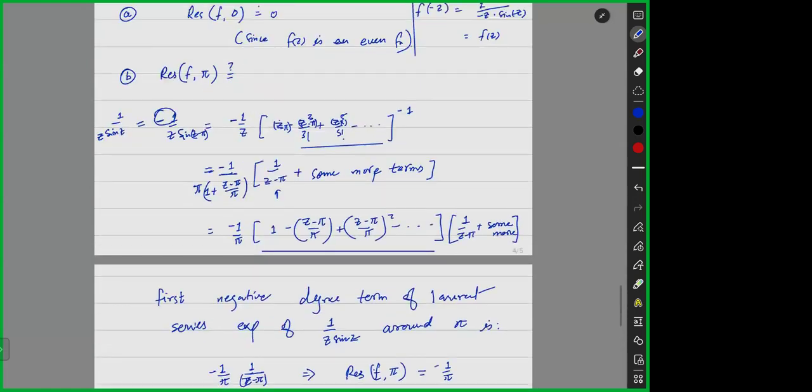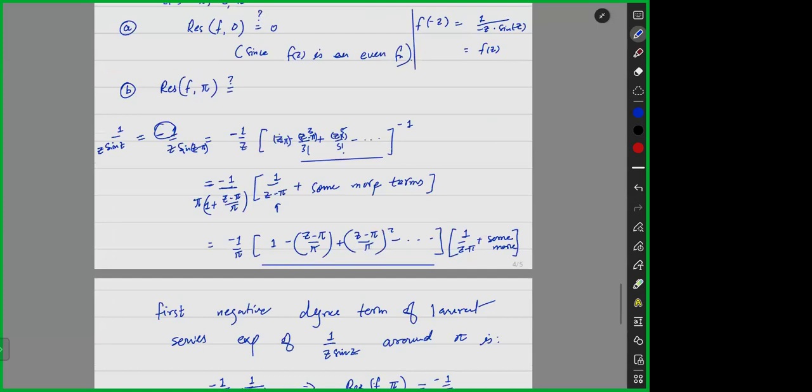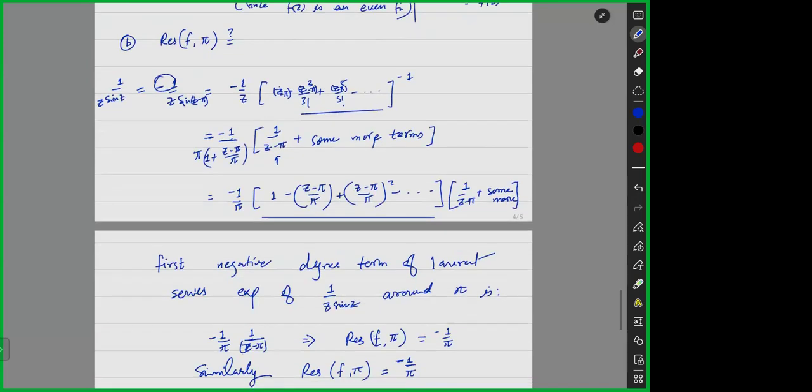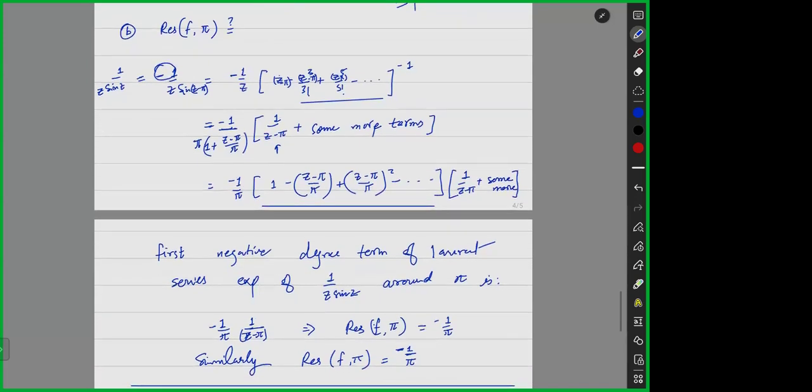The minus term is already there, and 5 plus z minus 5. If it was at plus 5, what's needed?